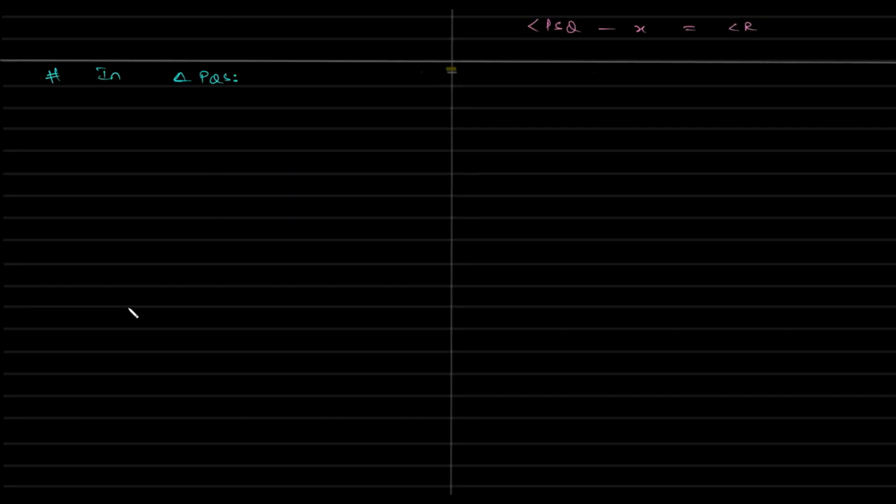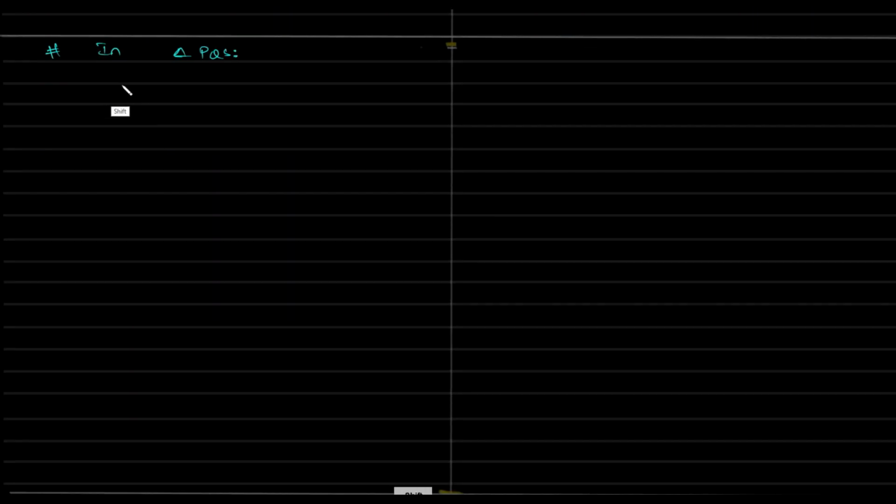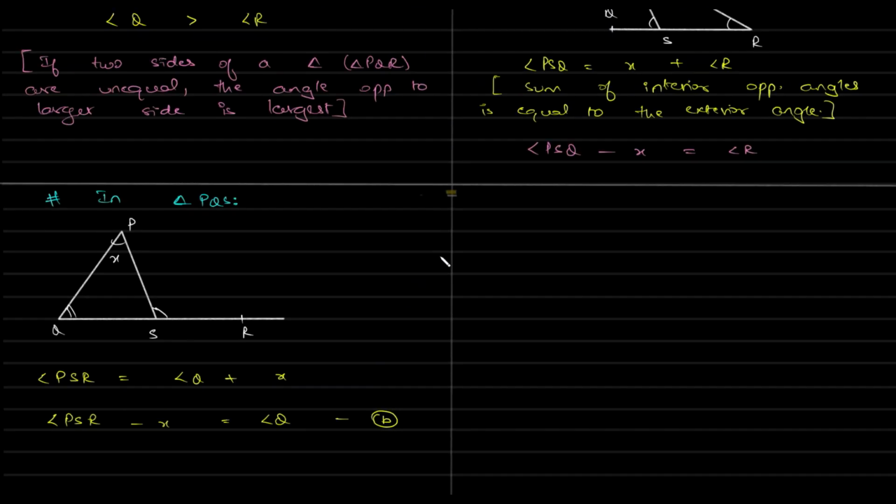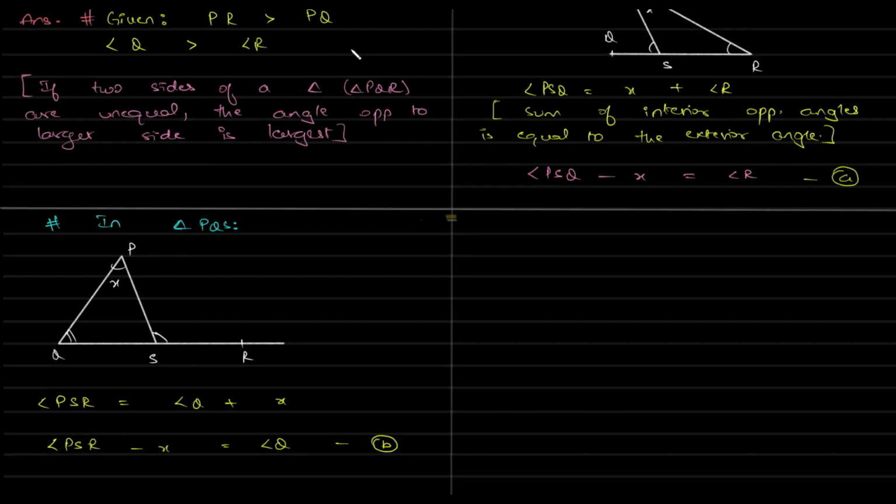So let me draw it, PQS, something like this, and I guess this is R. So we have to relate this angle with your X and Q. So angle PSR is equal to angle Q plus X. So rearranging, PSR minus X is equal to angle Q. We'll call this as equation A and B, and we'll call this as equation 1.